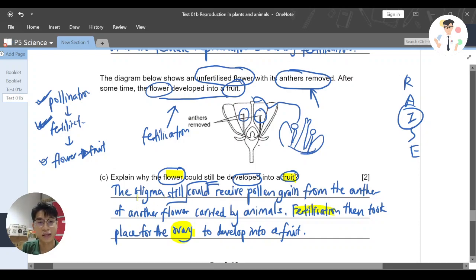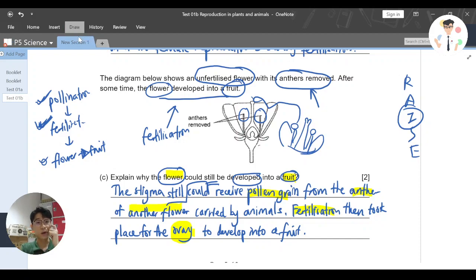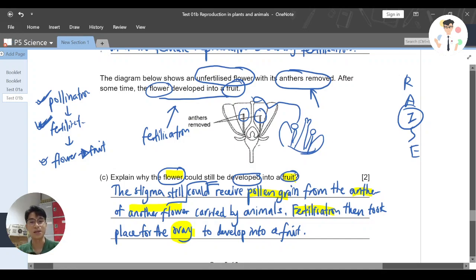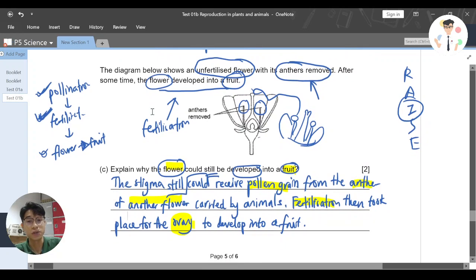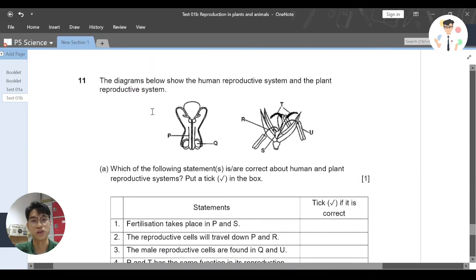And again, you must explain that pollination can happen, because the pollen grain came from another anther of another flower. A lot of you actually got 1 mark because you just mentioned pollination, meaning you can still receive pollen grain from another flower. Yes, but you didn't mention fertilization, which is very important here. So I think that's all. Let's move on to our last question here.